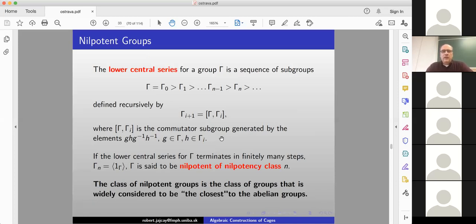I apologize for not guiding you through the definition, but the point is, if you want to do group theory, use it. If you know that abelian is bad, try to determine what is also bad, or what the limits of related classes are. And nilpotent groups are related to abelian groups.